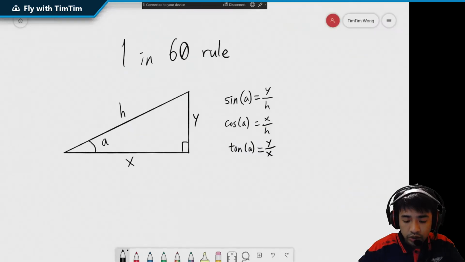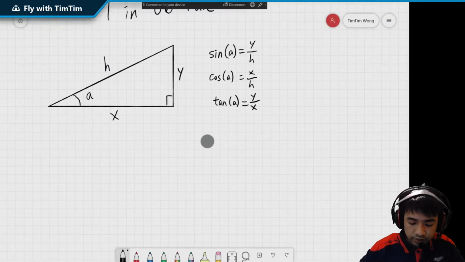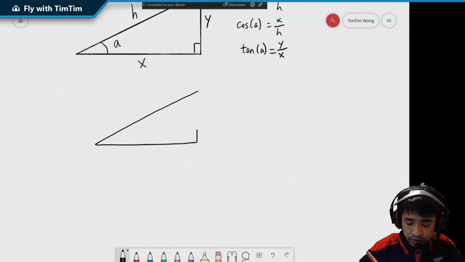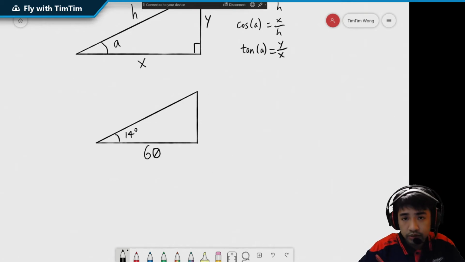So with that knowledge, we come back to this triangle. Let's have an example here. 60 and 14 degrees. As we have checked, this works up to 14 degrees.